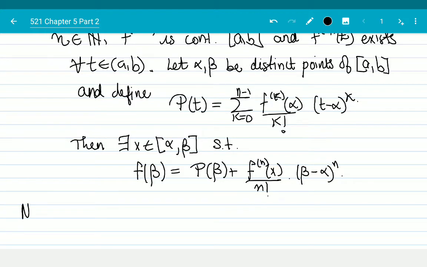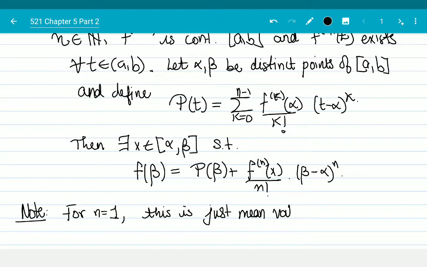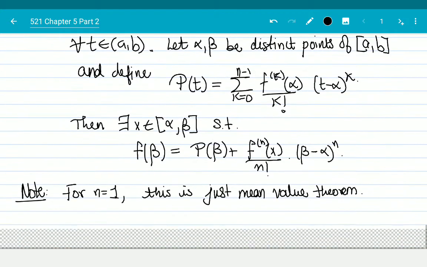Note, for n equal to 1, this is just the mean value theorem. What is this theorem saying?